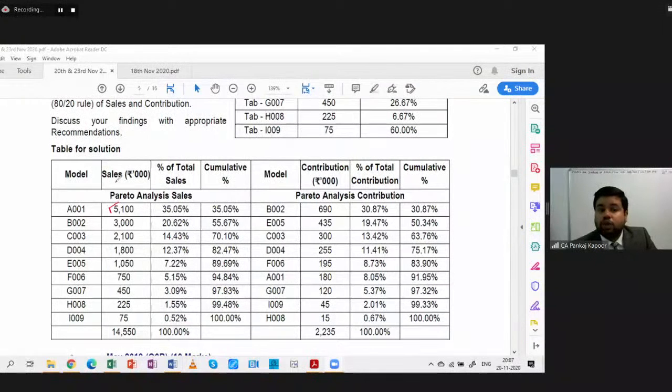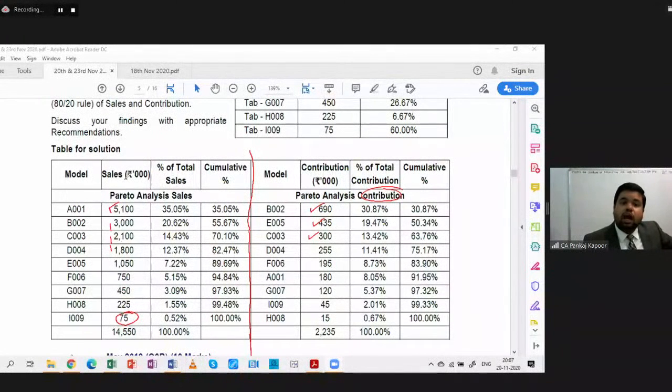Which one helped me to earn the highest sale, followed by the lowest sale, and the least sale at the end. But in the case of the contribution, there are basically two tables, the first table and the second table. So we develop the order of the significance and write accordingly. Like we write the B2 first, then followed by the E5, then followed by the C3.